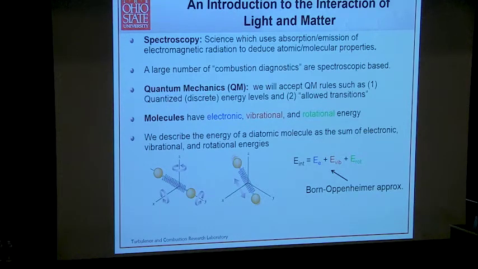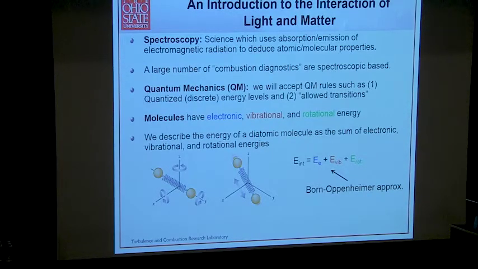So the Born-Oppenheimer approximation allows us to separate nuclear motion from electron motion. Okay, I'll come back to this in a little bit, but basically, from the viewpoint of an electron flying around, the nucleus is stationary. Okay, there's such a difference in mass and the velocities. Okay, so it allows us to parse out and treat each of these separately.